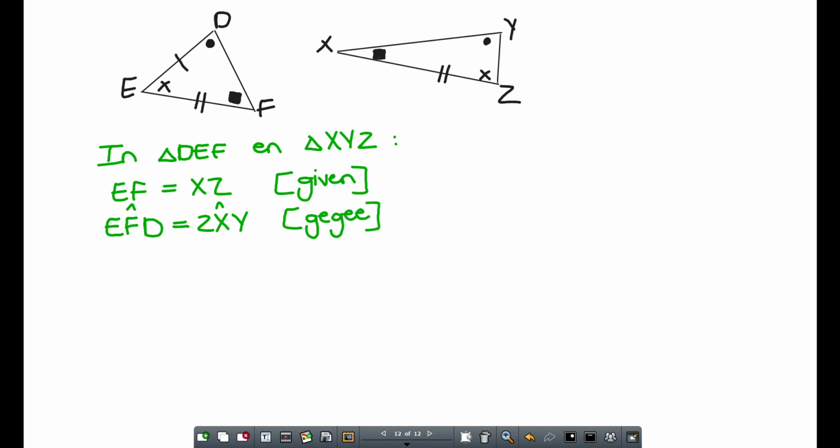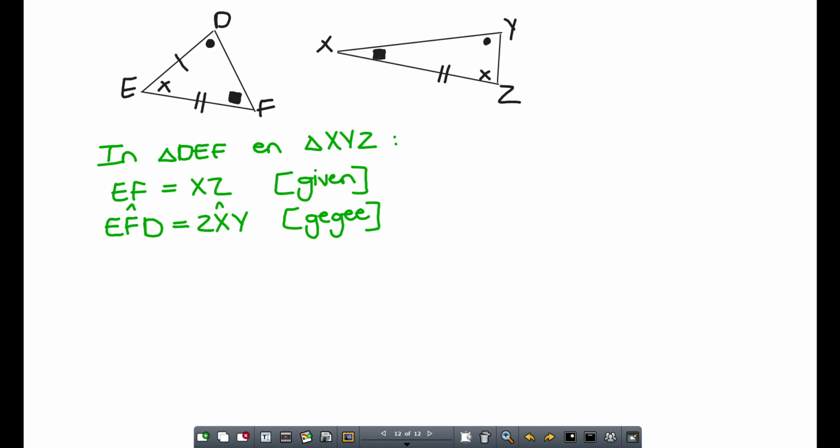Wil jy nou iets sê? DF, that one, and YX, this one. Are the two sides the same? Ons kan nie, want as die streepies sien, hè?